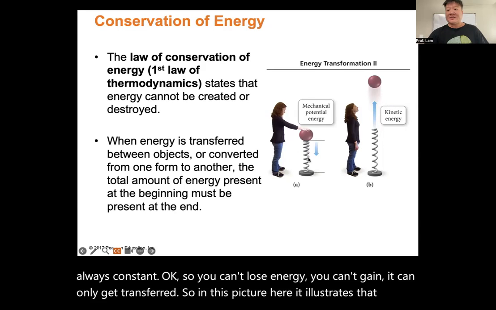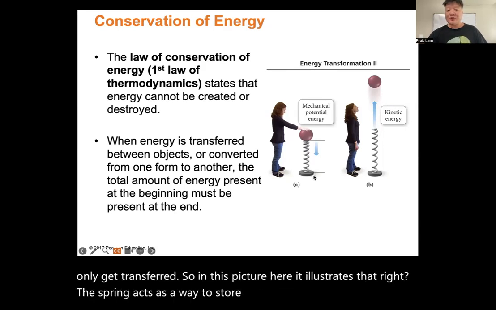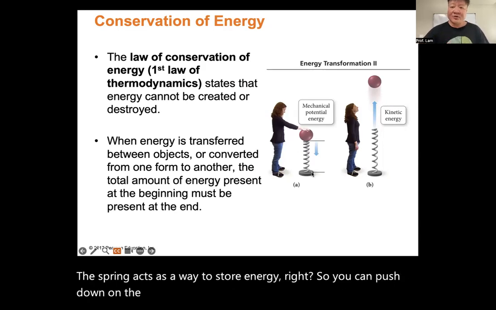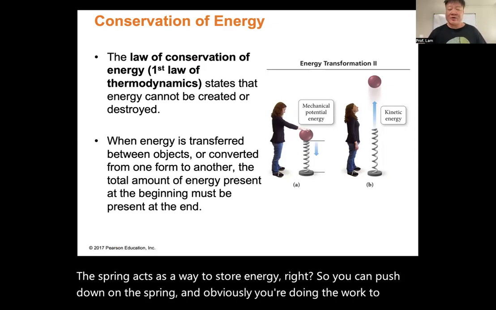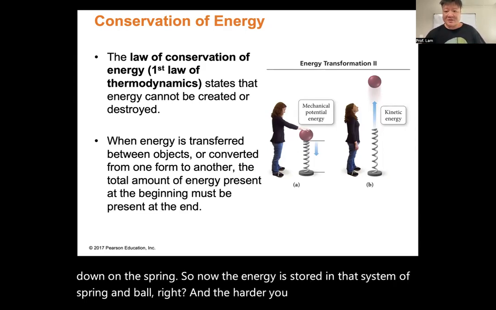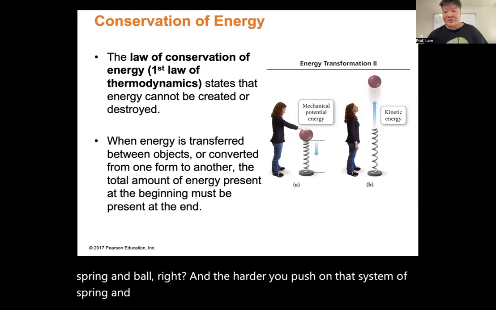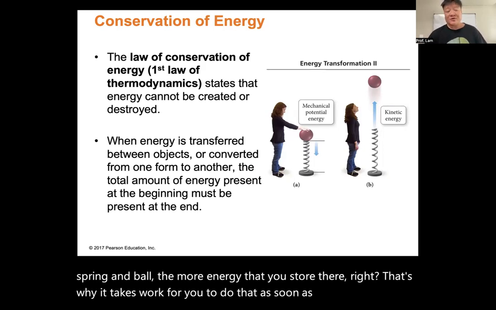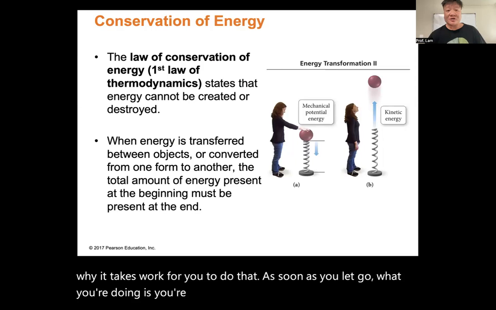So this picture here illustrates that. The spring acts as a way to store energy. You can push down on the spring, and obviously you're doing the work to push down on the spring. So now the energy is stored in that system of spring and ball. And the harder you push on that system, the more energy that you store there. That's why it takes work for you to do that. As soon as you let go, you're transferring that potential energy into kinetic.